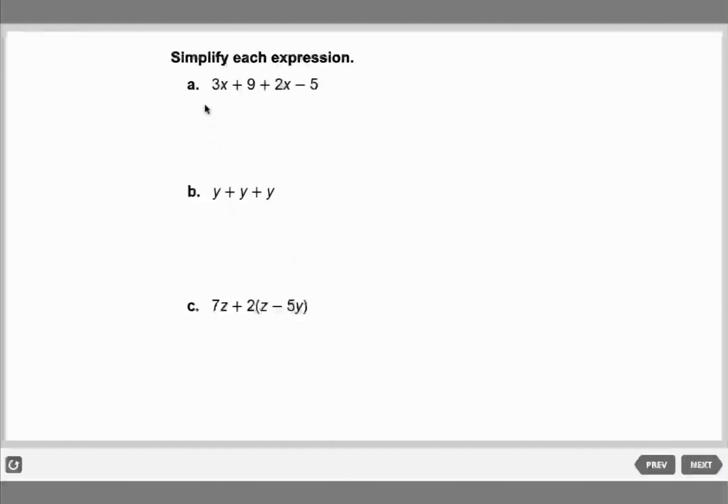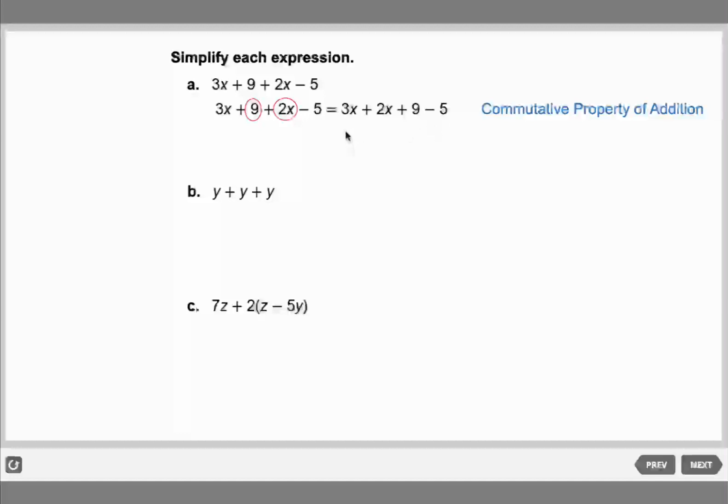Simplify each expression. 3x plus 9 plus 2x minus 5. So here we have 3x and 2x are two like terms. We need them to be next to each other. So we will use commutative property to change the order. So it will be 3x plus 2x plus 9 minus 5.